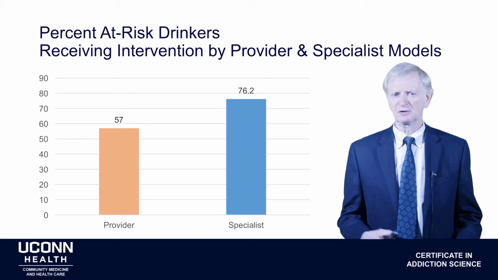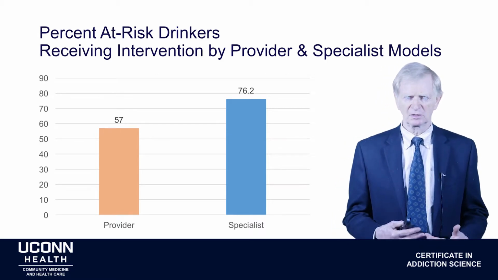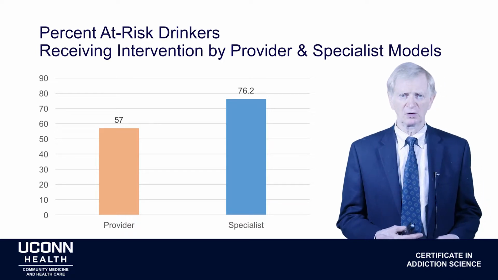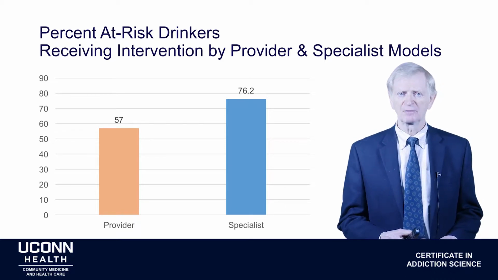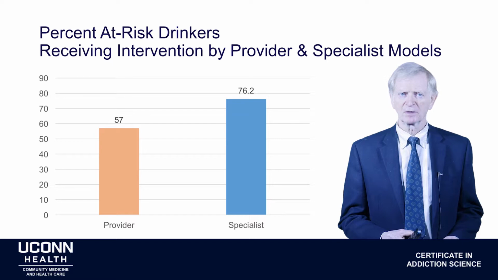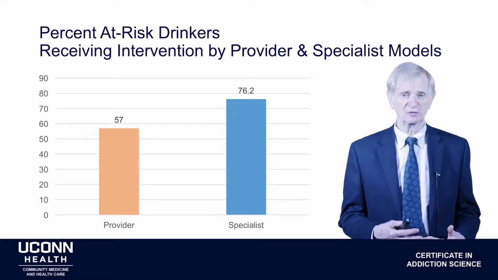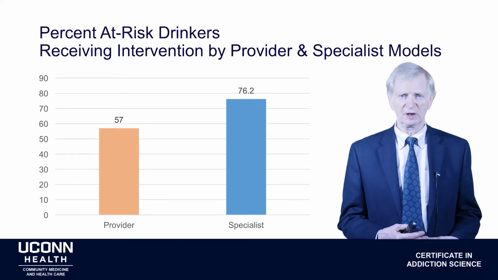If somebody's screened, the results don't get to the health professional on time for them to catch the patient before the visit is over to deliver the intervention. And that occurred quite often, 43% of the time, for the doctor providers. So only 57% of the patients who screened positive actually got an intervention after the screening was done.